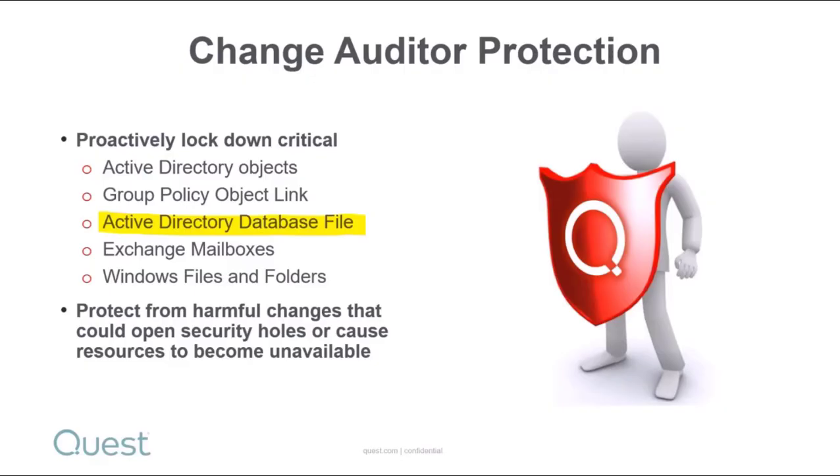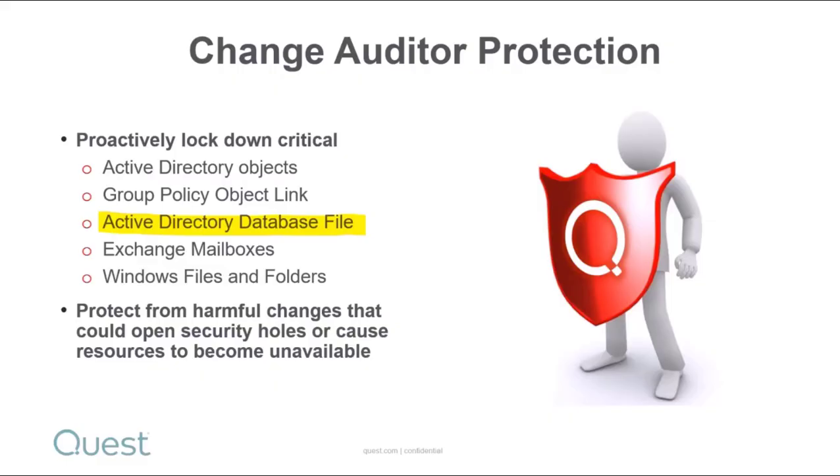So we can proactively lock down a lot of different things within Change Auditor, and it's called our Change Auditor object protection. We look at all types of Active Directory objects, DNS, OUs, and so forth, sensitive groups and users that we don't want changes made to, group policy objects and linkage.